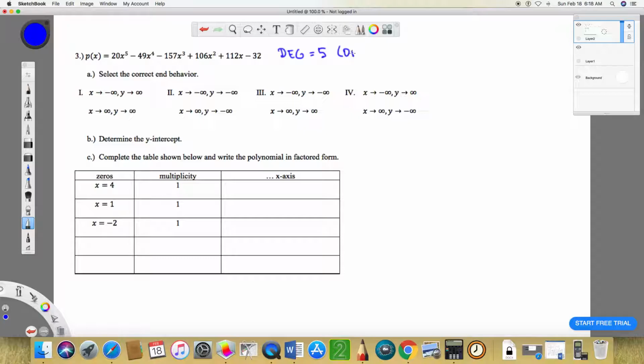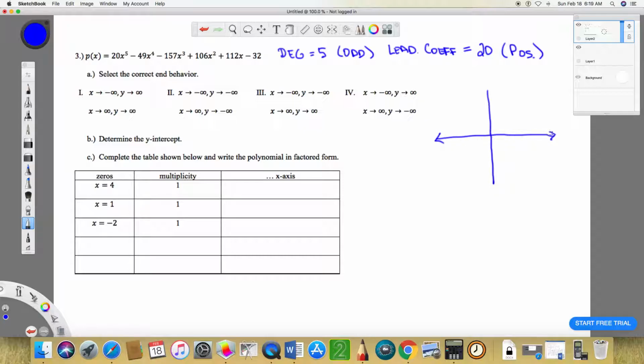5 is an odd number. And the leading coefficient is the number in front of this x to the fifth, which is 20. And 20 is a positive number. So we know what the end behavior is going to be when this graph is far away from the origin.